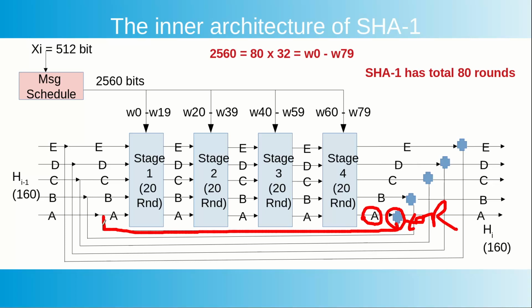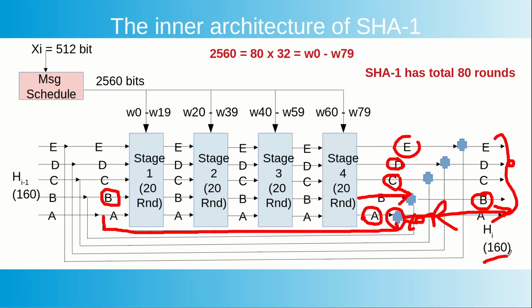This raw word and the final computed word I will XOR, and that is going to my first 32 bit. Then whatever was there in this B word and whatever I have obtained after these 80 rounds or 4 stages, I will XOR them and I will get this B. Similarly, I will get this C, this D and this E. So, this 160 is the hash output of this Xi.